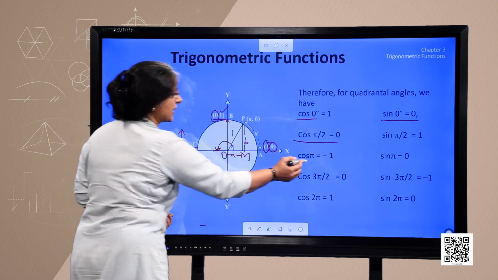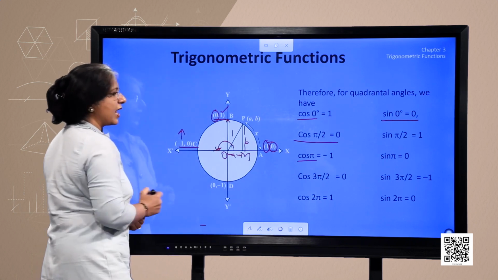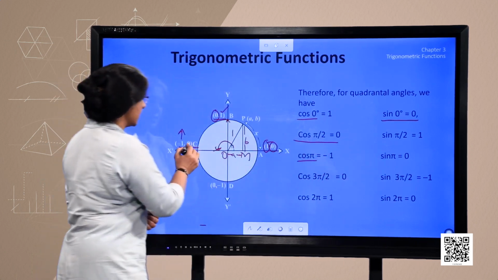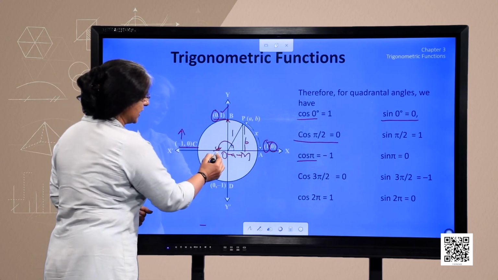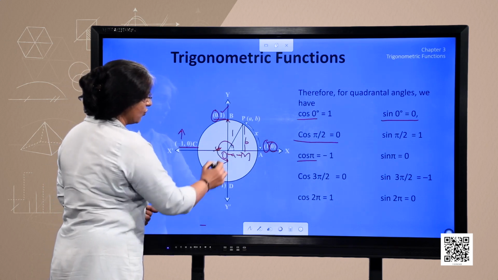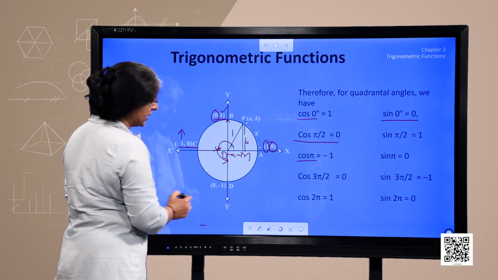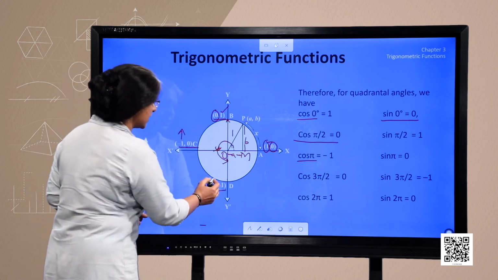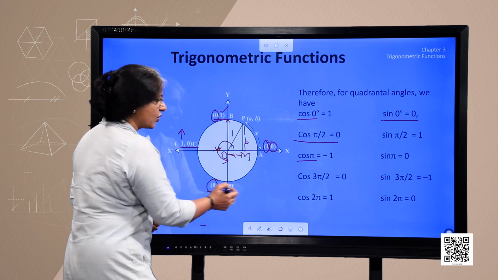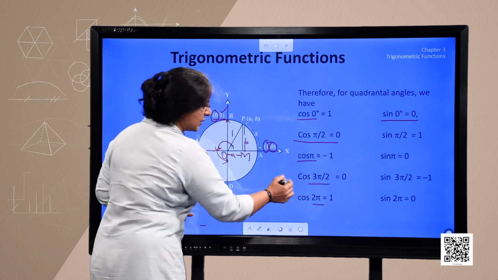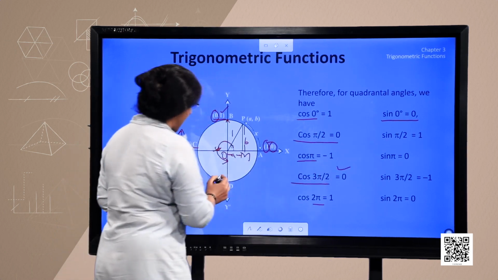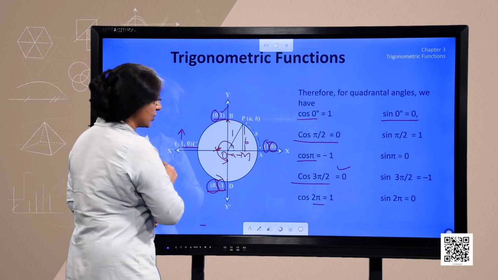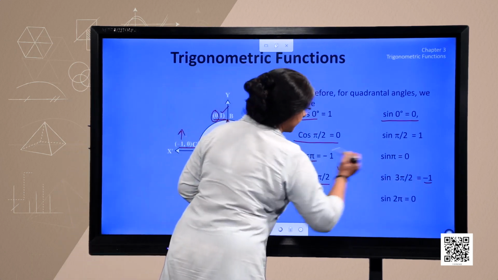So, cos pi is -1 and sin pi is 0. After tracing an angle of 3 pi by 2, when we reach here at point D, the coordinates of D are 0 and -1, where 0 gives the value of cos. So, cos 3 pi by 2 is 0 and sin 3 pi by 2 is -1.